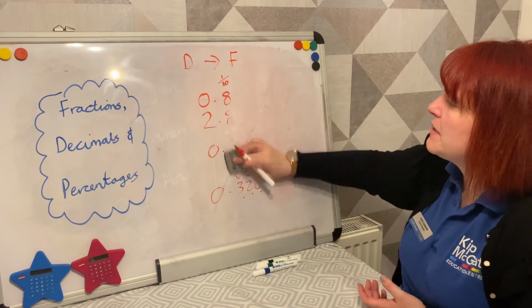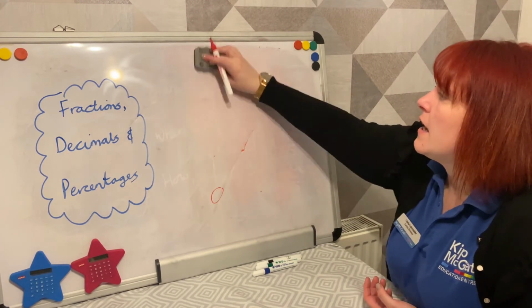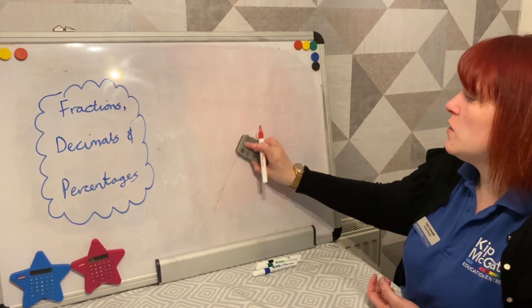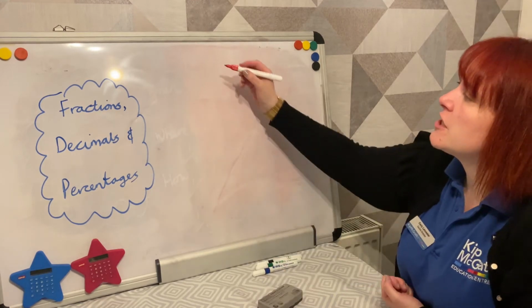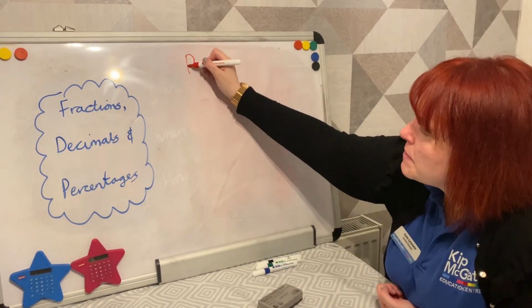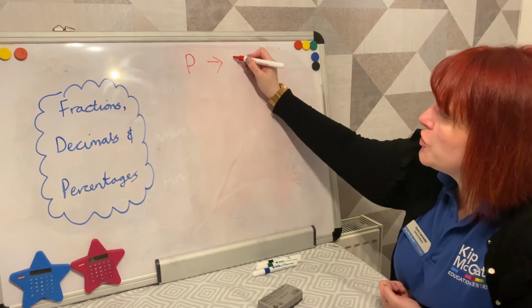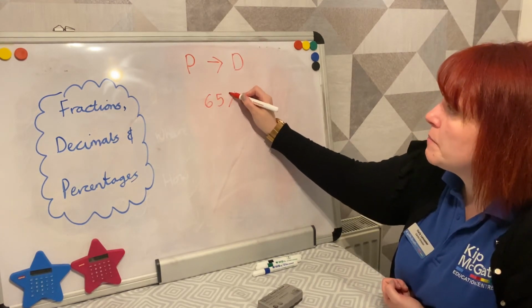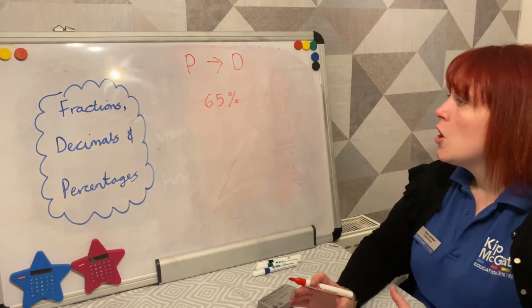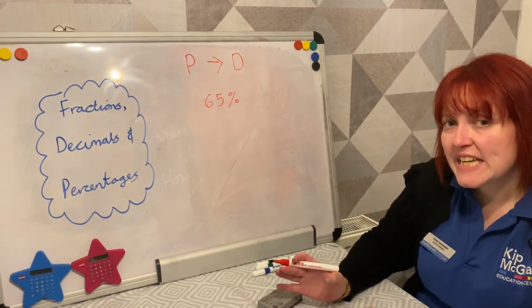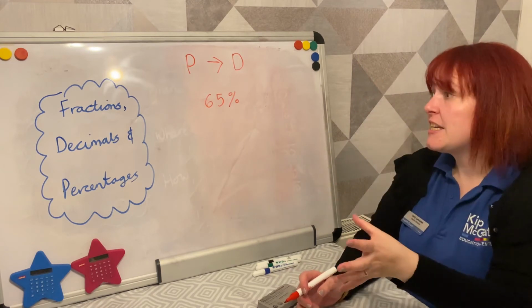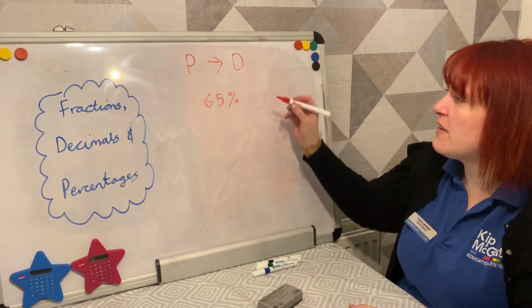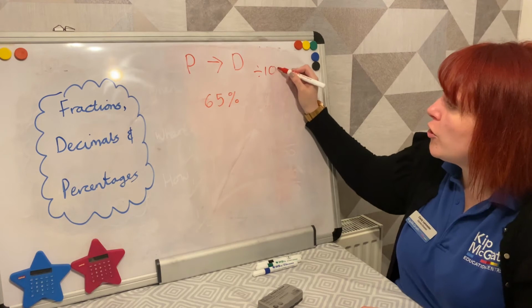We've already looked at our decimals to our percentages, and so now all we've got left to look at is going from our percentages. So if we were to go from a percentage to a decimal, so I've been given 65%. Okay, we're just going to do the reverse of what we did when we were going from a decimal to a percentage. So the reverse is to now divide by 100.